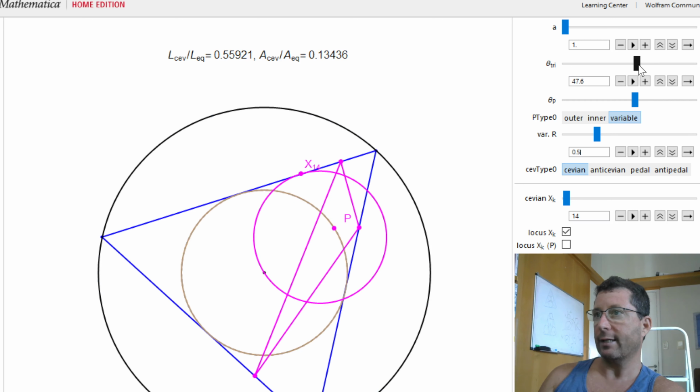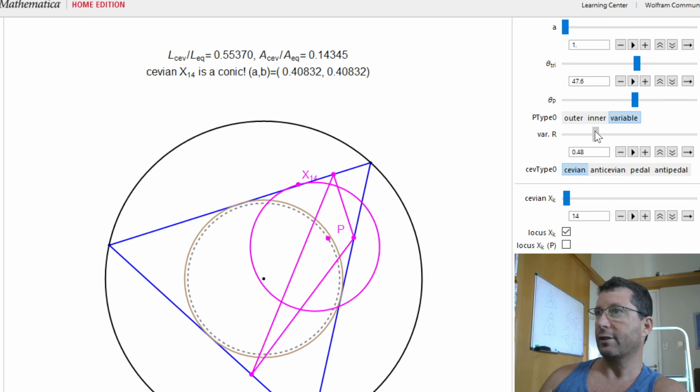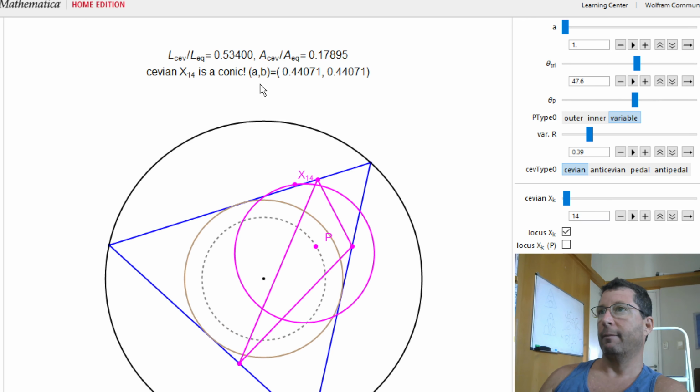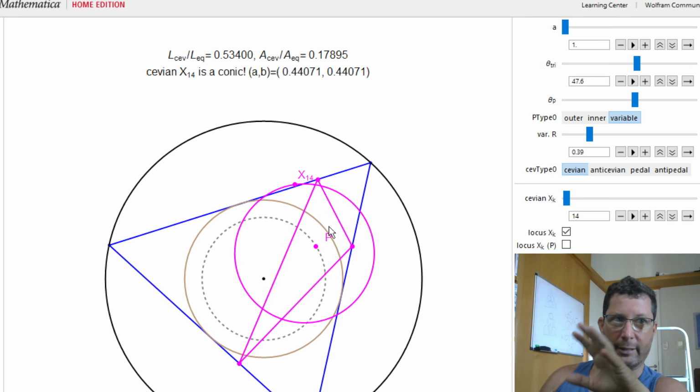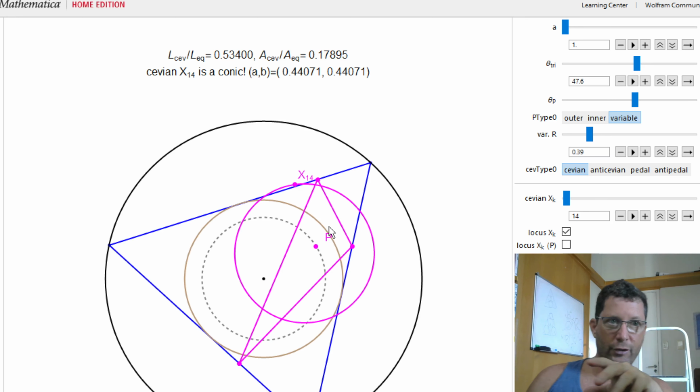Now, what this is saying is, if I nudge P inside of the incircle, all of a sudden, I'm reliably detecting this guy not only as a conic, but as a circle. So I would venture to say that that guy, which visually looked like a circle, is not being detected as one, probably because there's some problem in the locus computation.